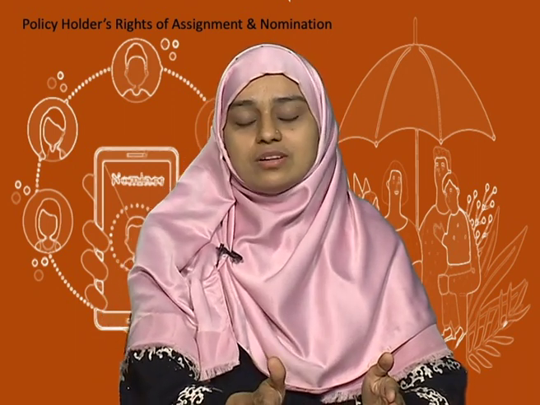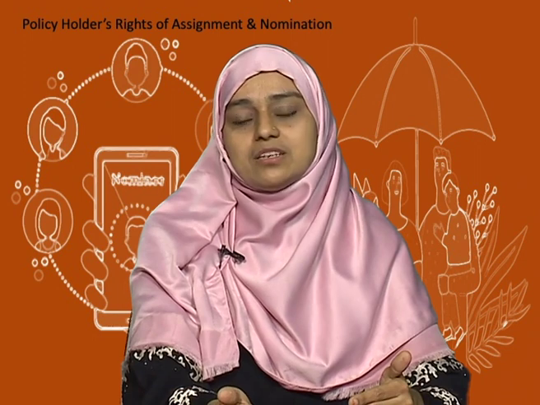So first, let us have an understanding of what is an insurance contract. An insurance contract is basically one where one party, called the insured or policyholder, receives an assurance of compensation from another party, called the insurer or insurance company, who agrees to compensate the policyholder for any kind of damages or losses which may be suffered because of a future uncertain event that may adversely affect the policyholder.